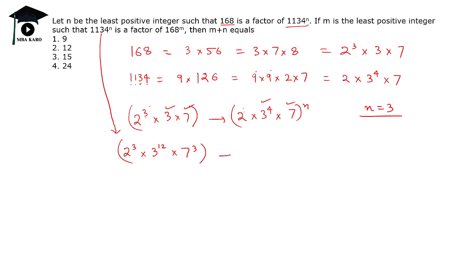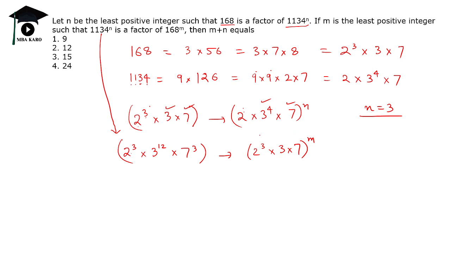And it should be a factor of 168 raised to the power m, which is 2 raised to the power 3 into 3 into 7, all raised to the power m. So this should be a factor of this number.